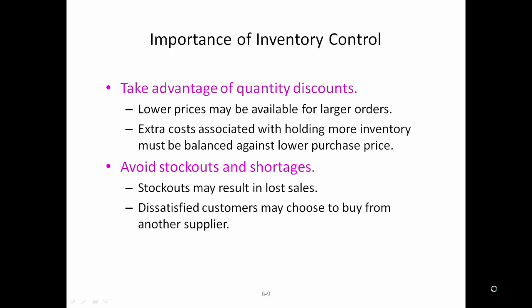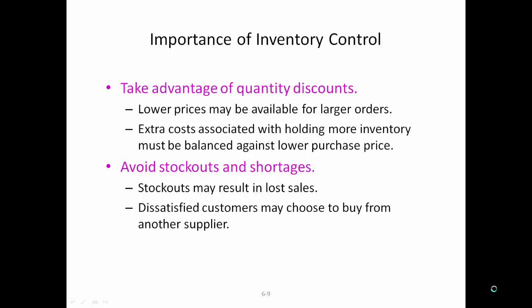As you may realize, sometimes when we order more, it costs less. Not only does it cost less by getting a bulk order, but it may reduce our shipping costs. So the lower prices that we can get by ordering bulk quantities may be crucial to our inventory processes.